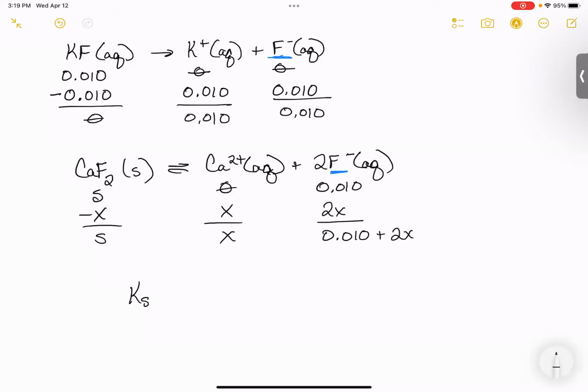Developing our KSP expression, the KSP is equal to the calcium concentration times the fluoride concentration squared.